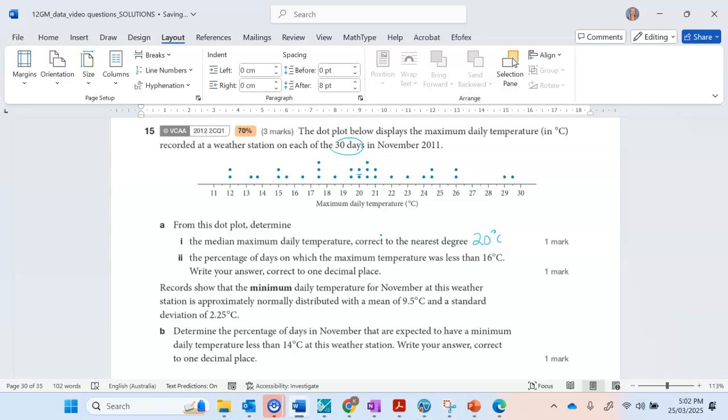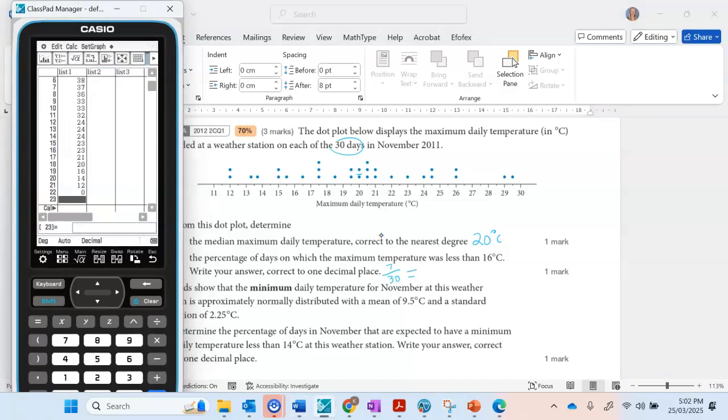The percentage of days on which the maximum temperature was less than 16%. Sorry, not 16%, 16 degrees. So we've got 1, 2, 3, 4, 5, 6, 7. So 7 out of the 30 days. All right, so we can just do that on the calc.